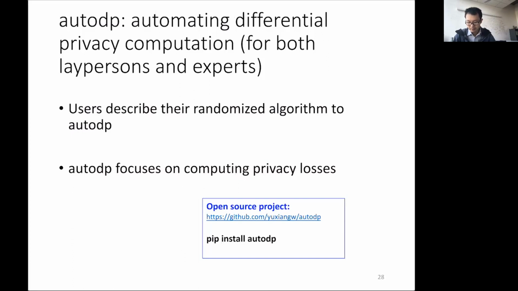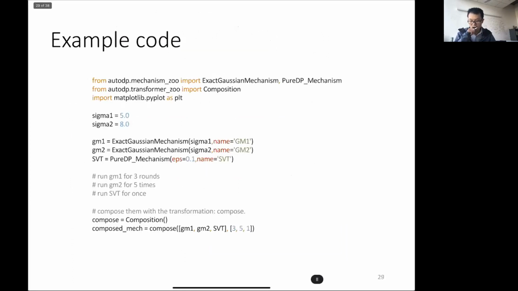You can install autodp very easily with a pip install command in your command line. So this is one snippet of the code of autodp.